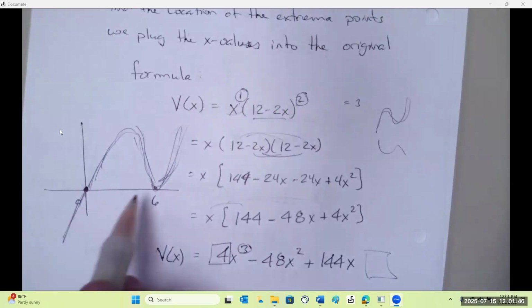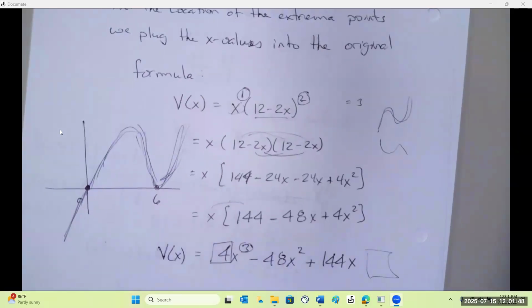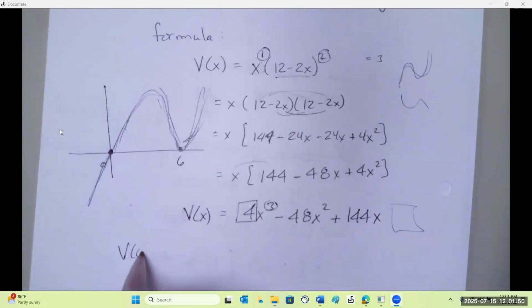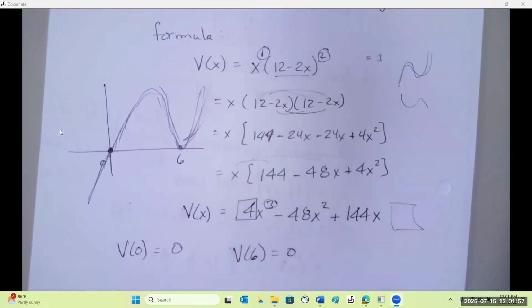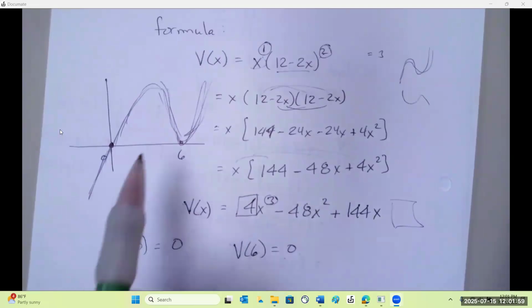So we know at 0 and 6, we're going to get 0 as an answer. So V of 0 and V of 6 are both going to equal 0 because those are on the x-axis.